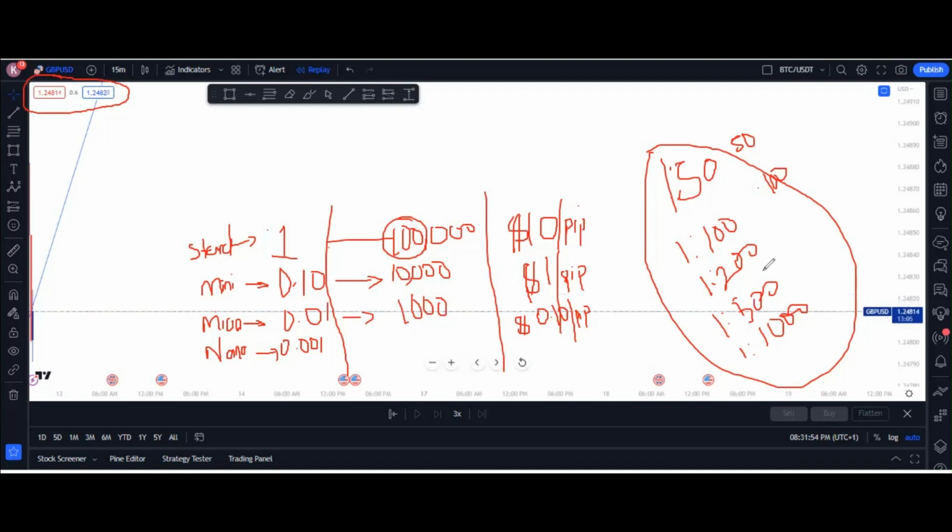If you have a very big account, I think 1:100 is enough. But for a very small account, I would recommend 1:500 to 1:1,000. This will give you enough buying capacity to place a very reasonable lot size in your account.